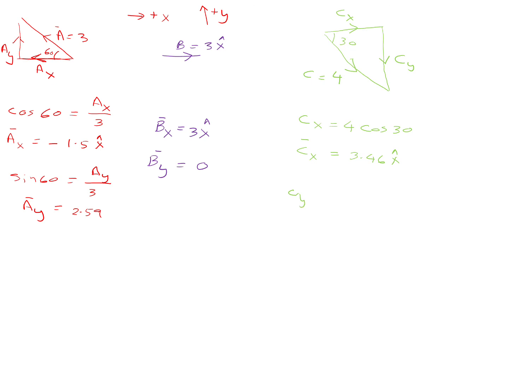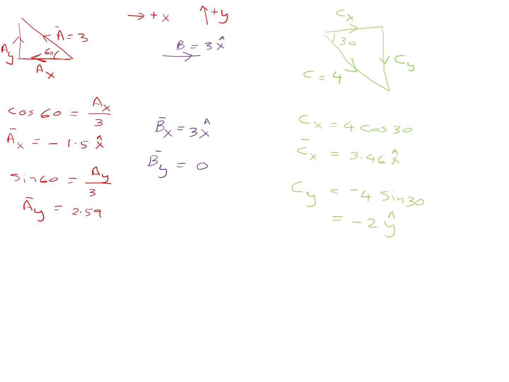C_y, again, notice it's pointing downwards, therefore it's a negative number. 4 sine 30, which is negative 2 y hat.